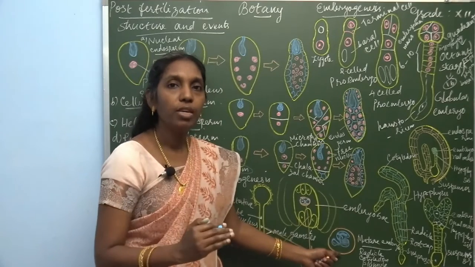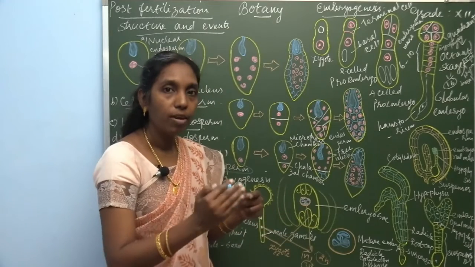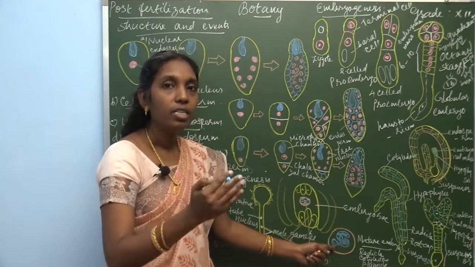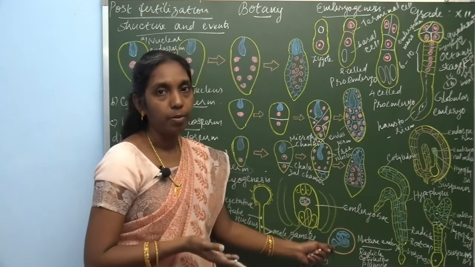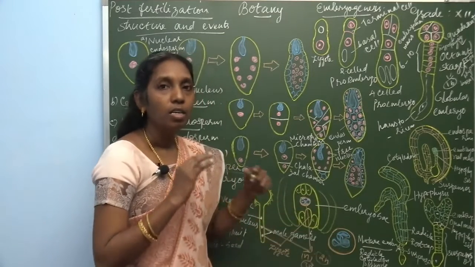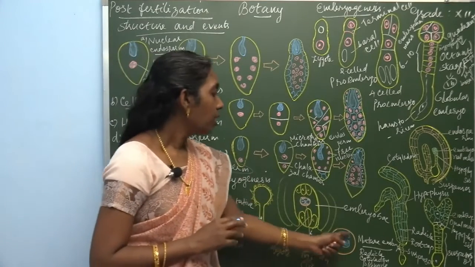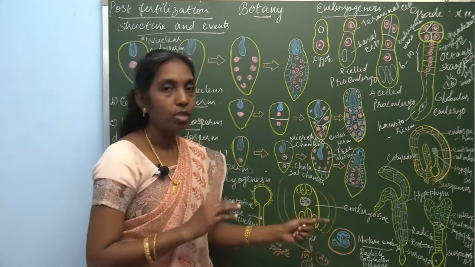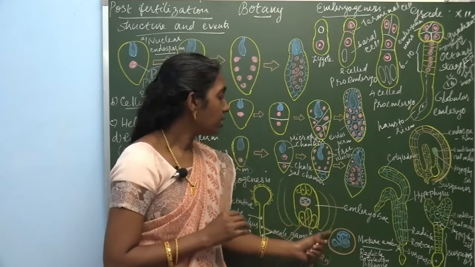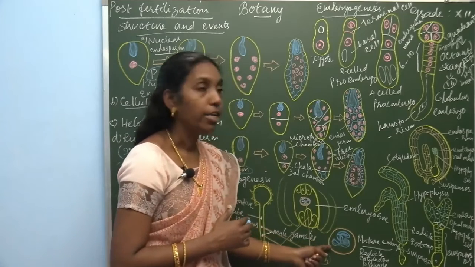In most of the angiosperms, the endosperm forms before the development of the embryo. So the zygote divides after the development of endosperm. This endosperm helps the precise development of the embryo, so the mode of embryo development is recognized by this endosperm.